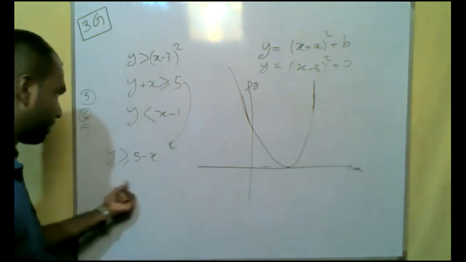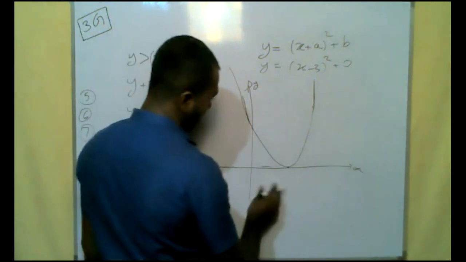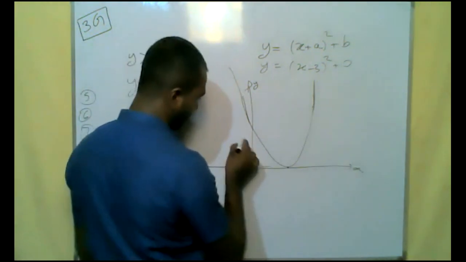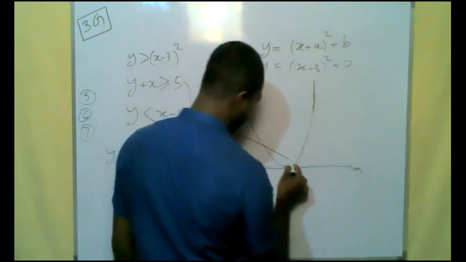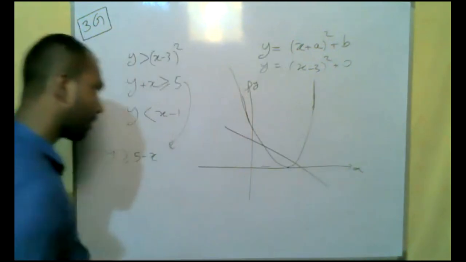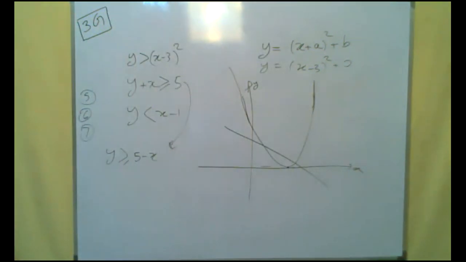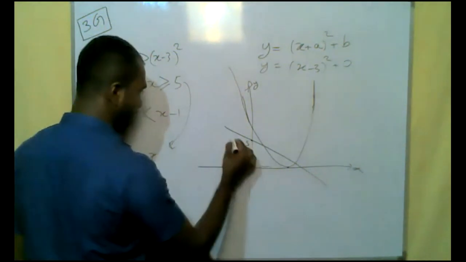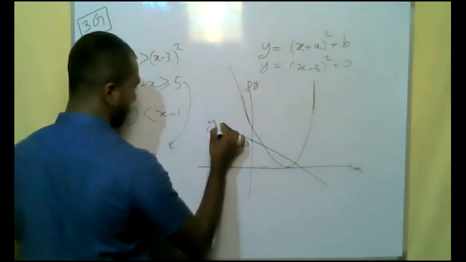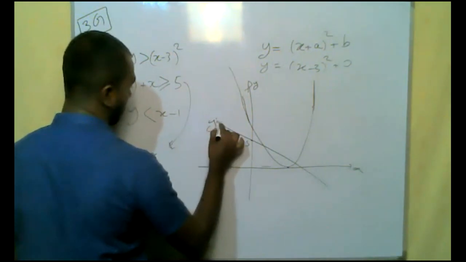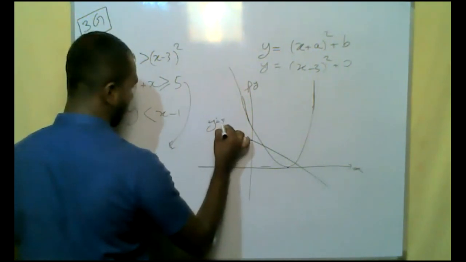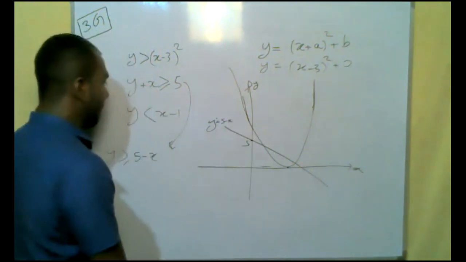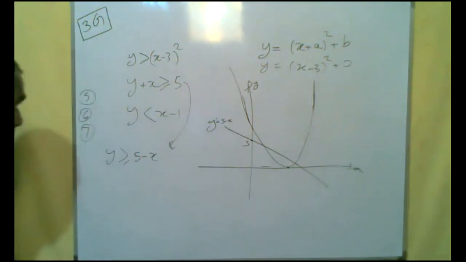So when y is 0, x is 5. What else? This is again, y should be less than x minus 1.